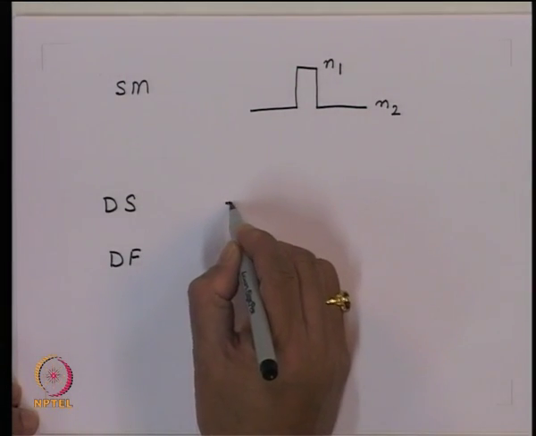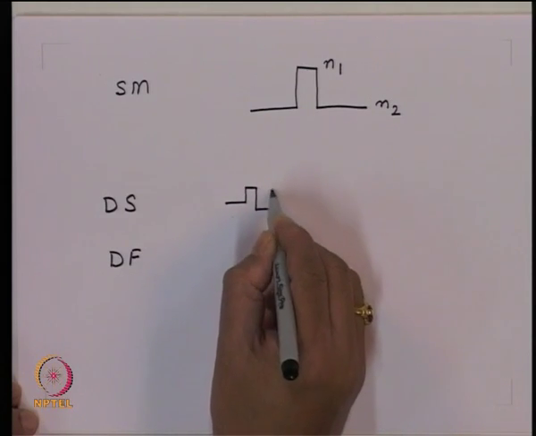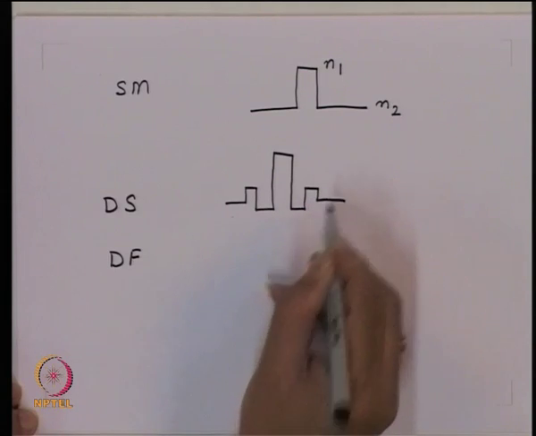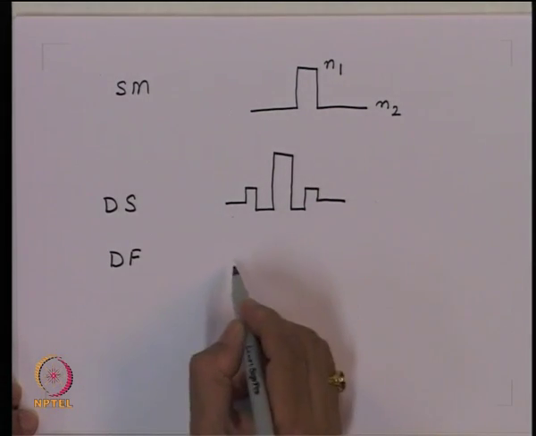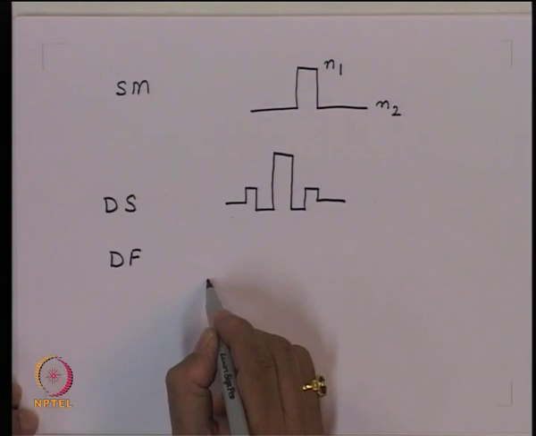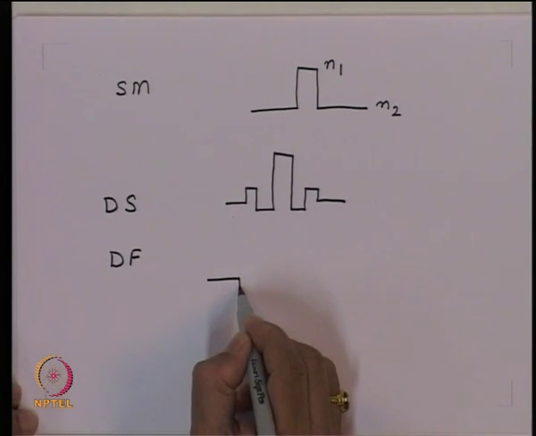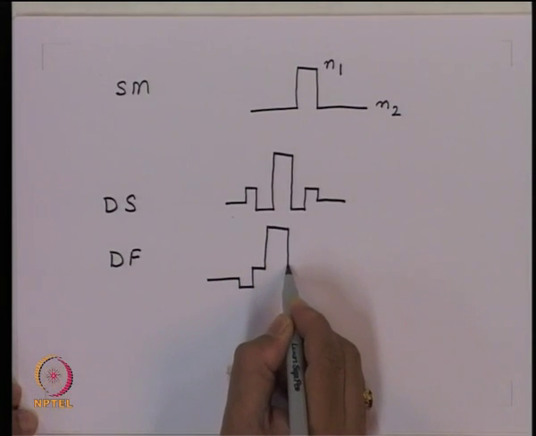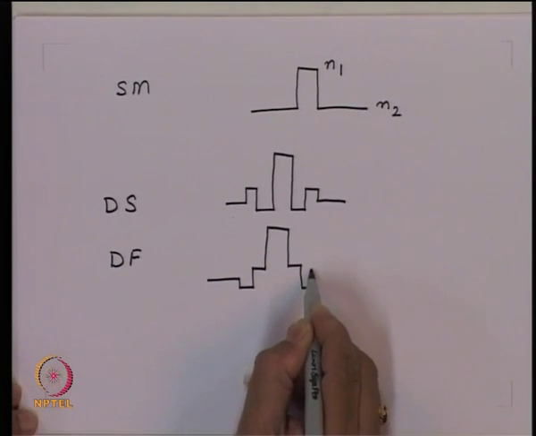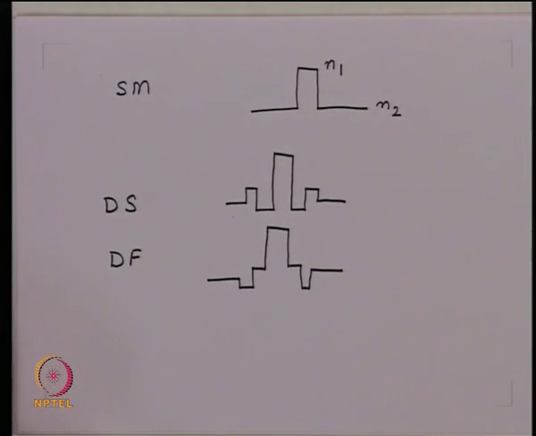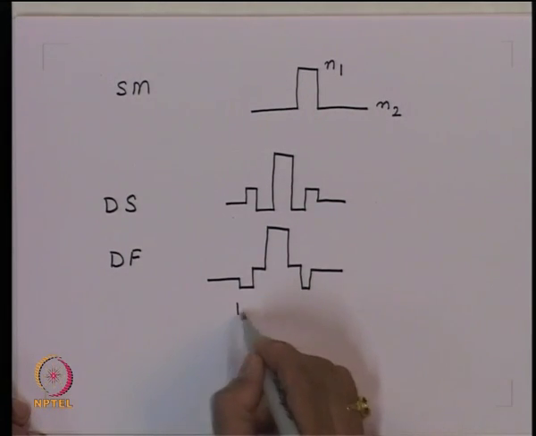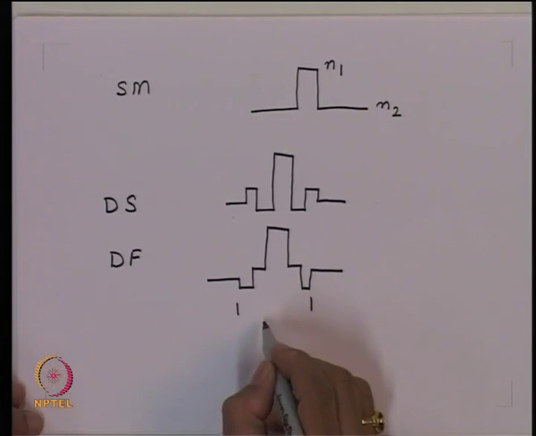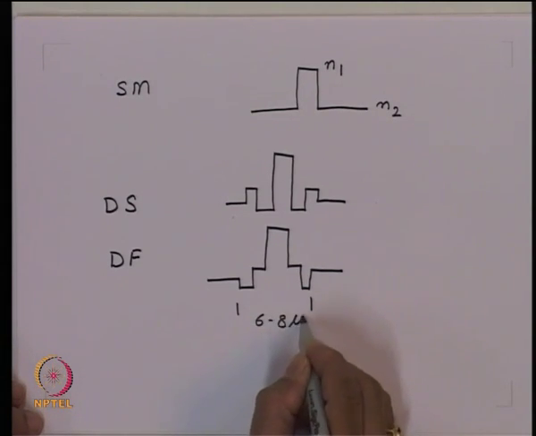We can create a refractive index profile which could be something like that. Or we can create a refractive index profile which could be something like this. This size from here to here is the fiber core diameter, which is about 6 to 8 micrometer.